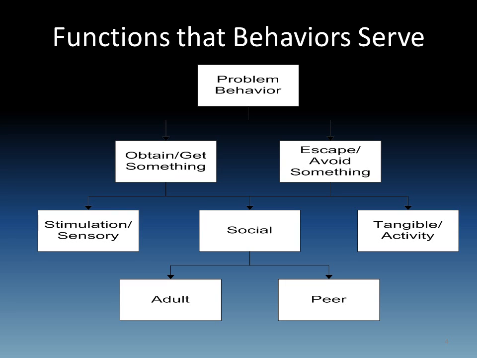So if they're trying to obtain something, it could be social, it could be stimulation, or it could be tangible or an activity. And if it is social interaction that the student is trying to obtain, is it adult or peer interaction? On the other side of it, it could also be to avoid social interaction, with an adult or peer.